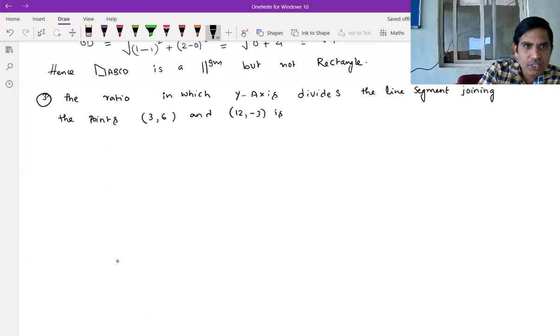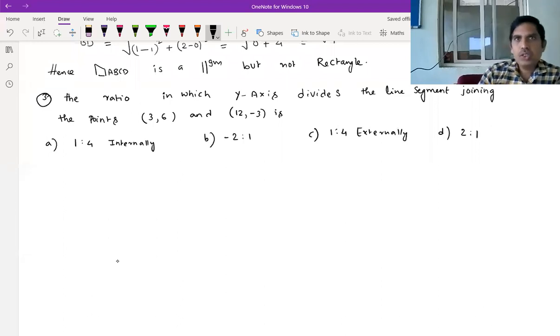First option 1:4 internally, second option -2:1, third option 1:4 externally, fourth option 2:1. So the ratio in which y-axis divides the line segment joining the points.